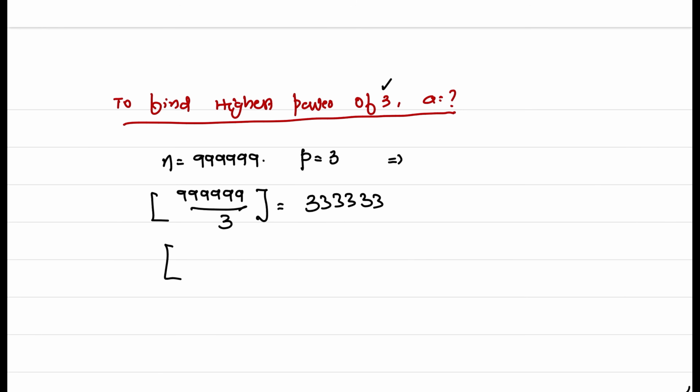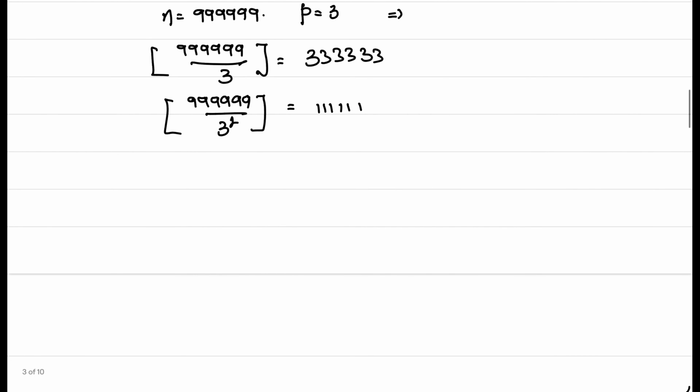Greatest integer of 999999 by 3 square is equal to 111111. And the greatest integer of 999999 by 3 cube, what is the value of 999999 by 27? 37037.